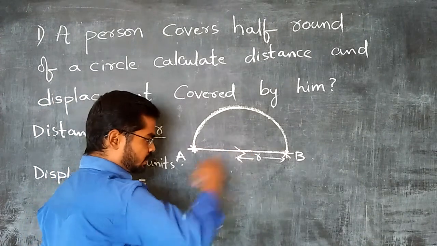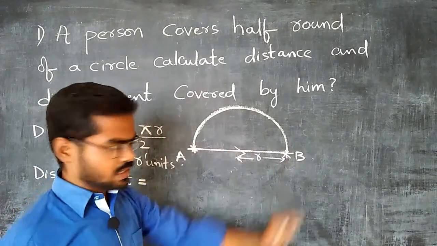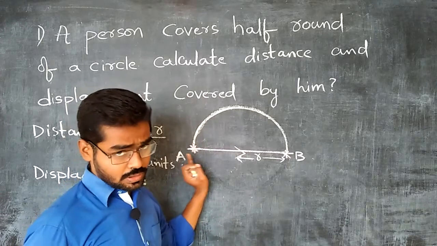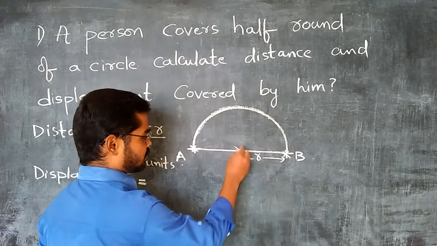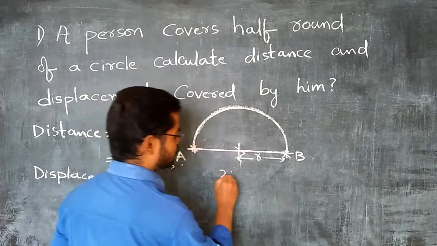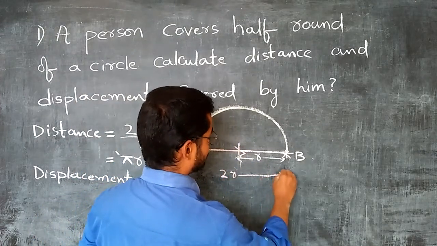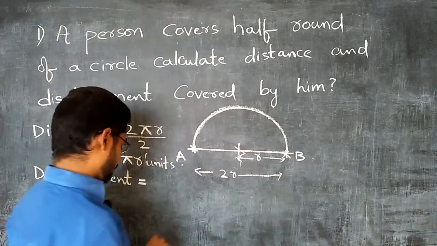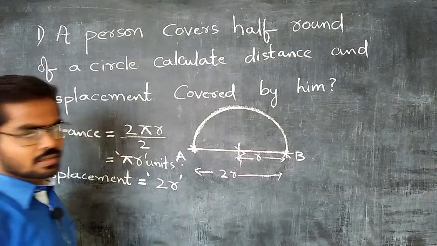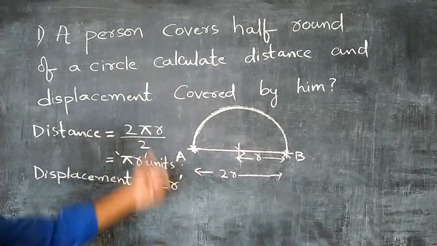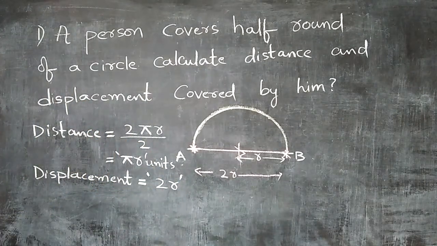Displacement is always a vector, in a specified direction, from A towards B. If this is the radius r, two times the radius will become 2r. So the displacement of this person is 2r units. Simple question. Take a screenshot of it.